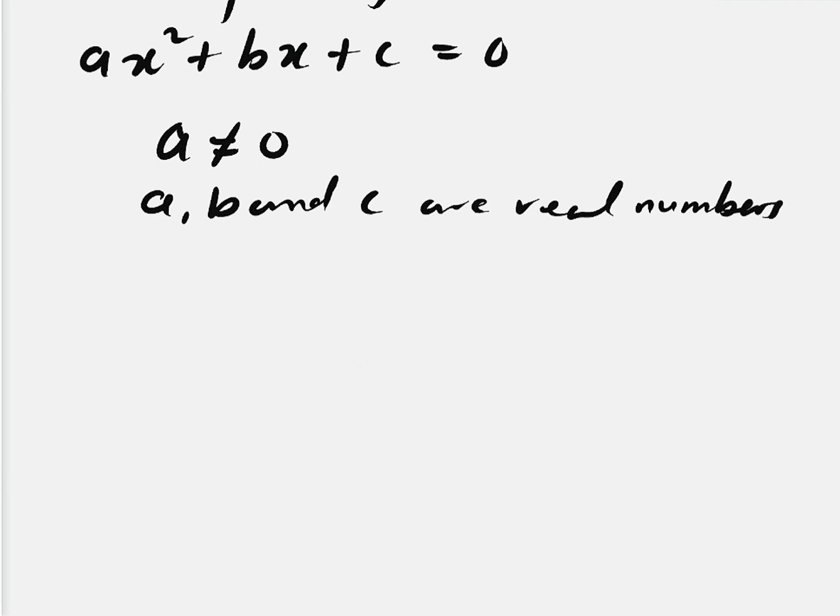Now let's get started. From the general form, we pick again ax squared plus bx plus c equals 0.